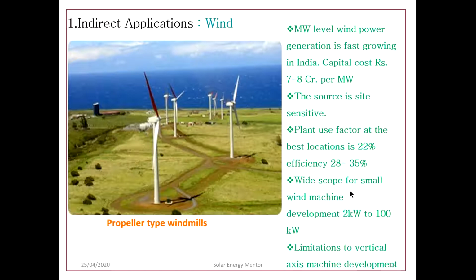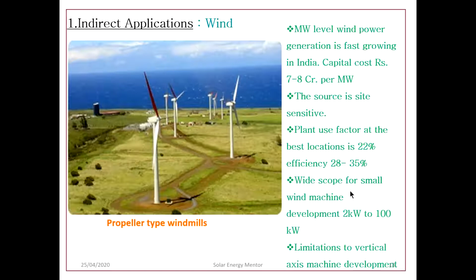Plant use factor at the best location. Plant use factor means the amount of energy a wind turbine generates over a year as compared to the maximum amount of energy it could have generated. Suppose a 1 megawatt windmill can run for 24 hours and 365 days.